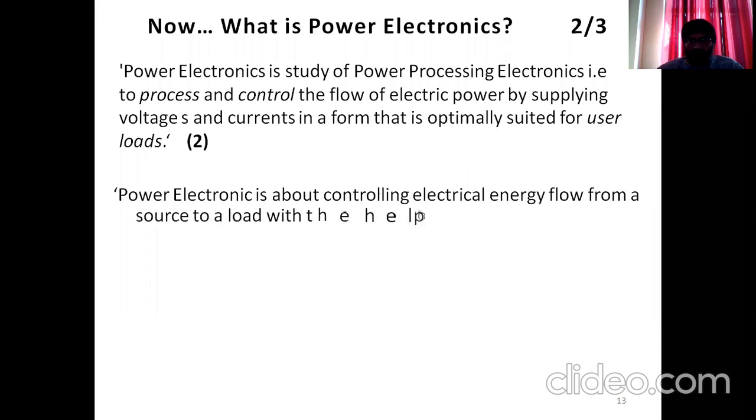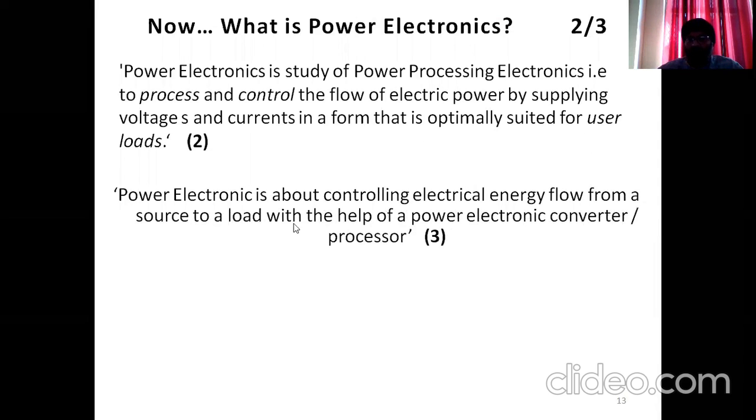Now the next definition: power electronics is about controlling electrical energy flow from source to load with the help of a power electronic converter. Same thing, but another way of saying it. We have to control this flow of electrical energy by using a power electronic converter or processor.